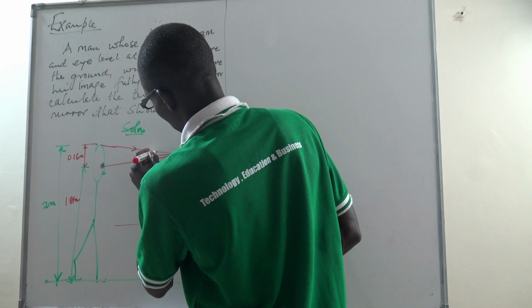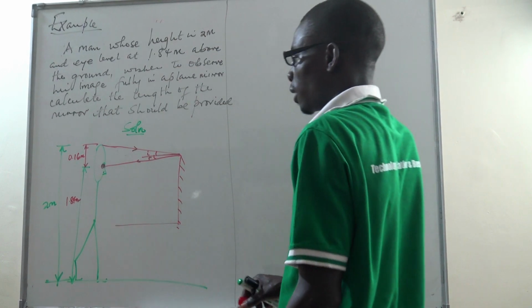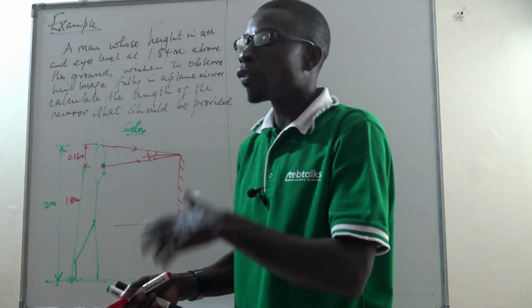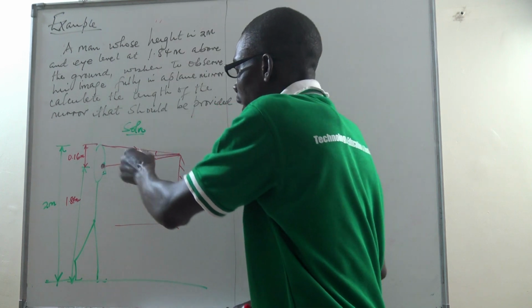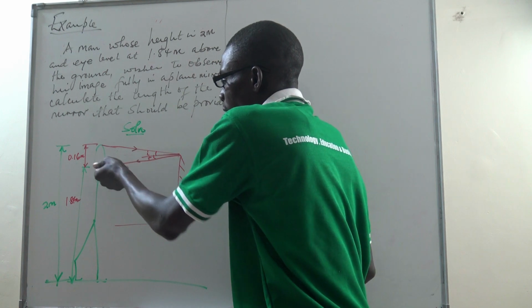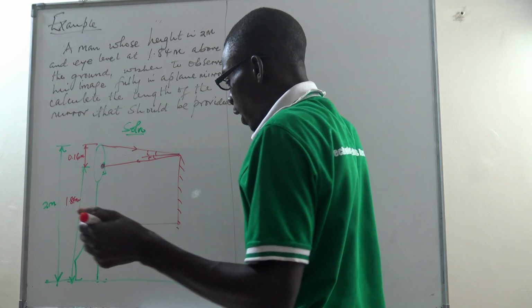And this is the normal. So this is i, this is i. Is that okay? That is for him to be in position of seeing his forehead. That means that to see his head, the light rays move from there, come to the mirror, and then are reflected into his eyes. Then he will be in position of seeing his head.